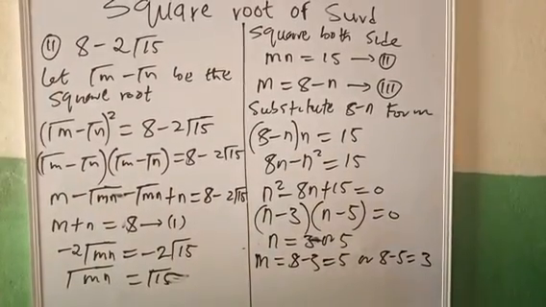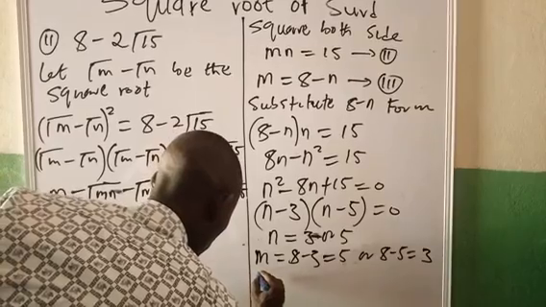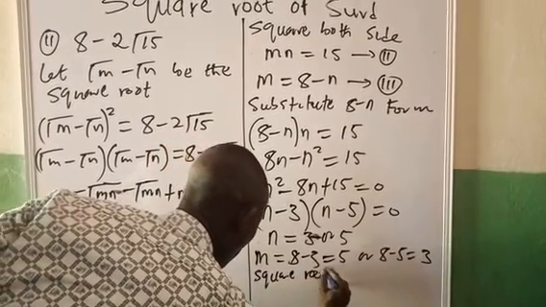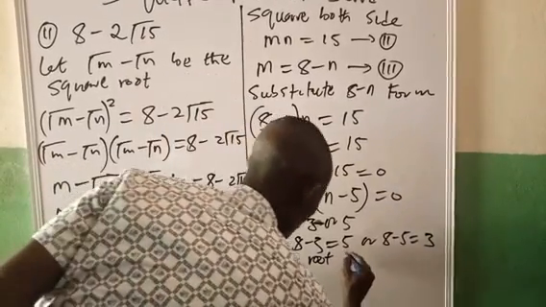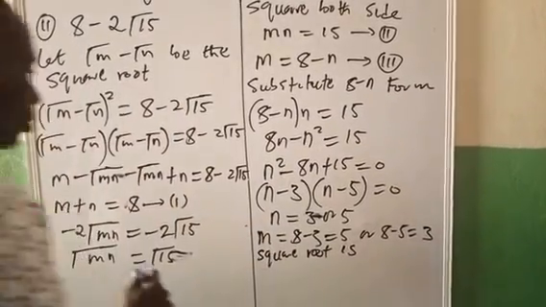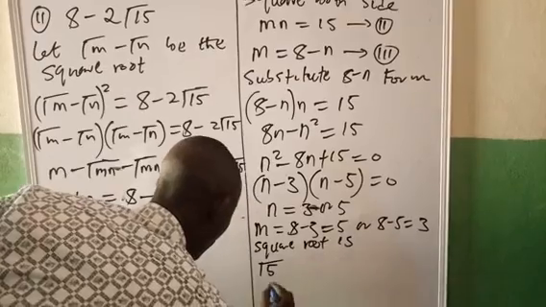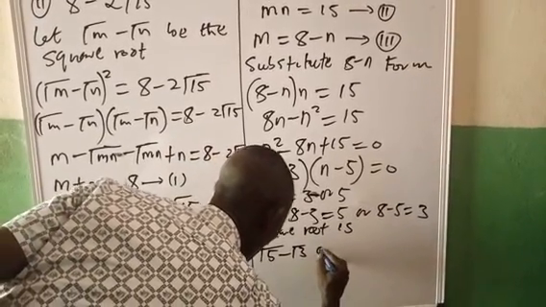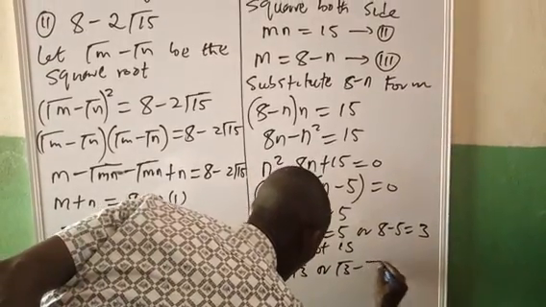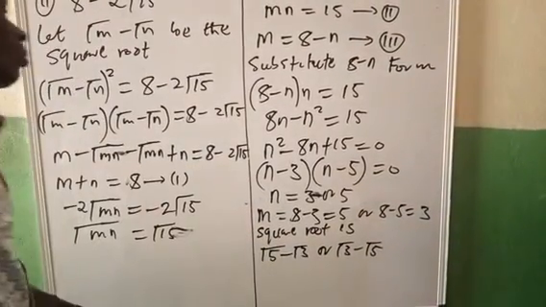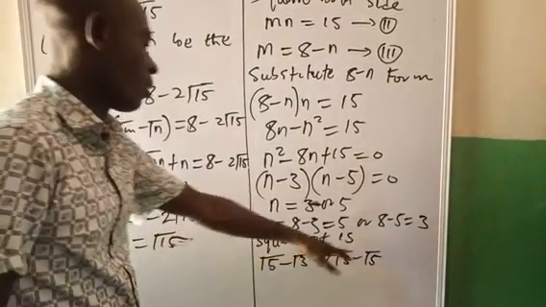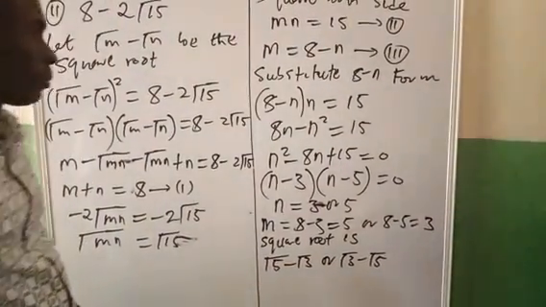So the square root is root 5 minus root 3, or root 3 minus root 5. Because m and n will take the first position.